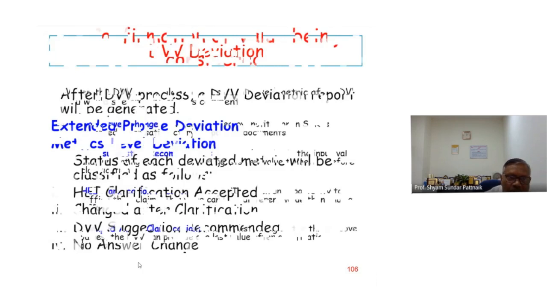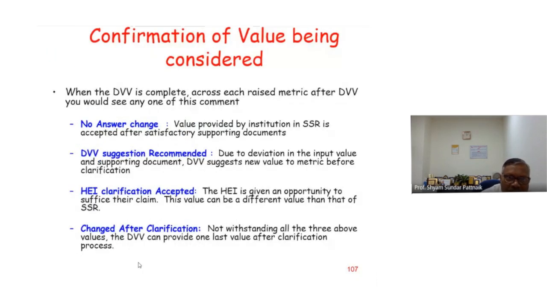That is the type of situation mentioned there. Confirmation of value being considered, these are the situations you see. No answer, change: the value provided by the institution in the SSR is accepted after satisfactory supporting documents. DVV suggestion recommended is due to the deviation in the input value and supporting documents.